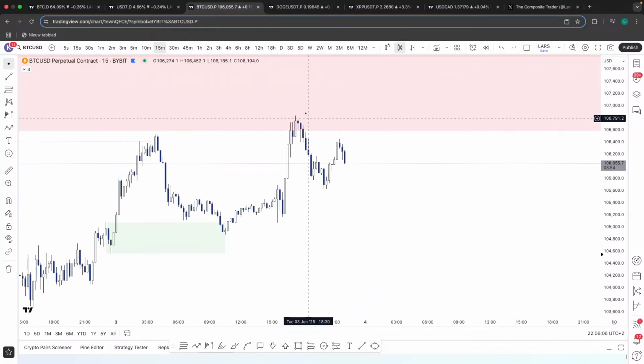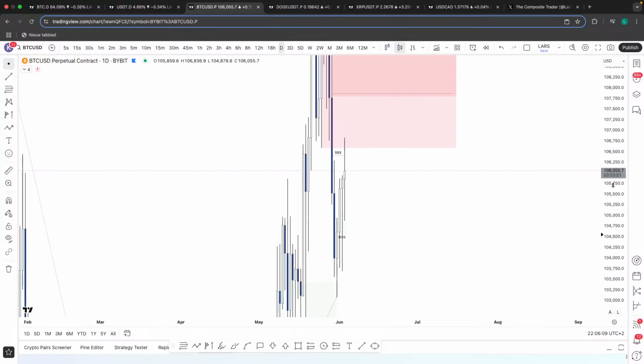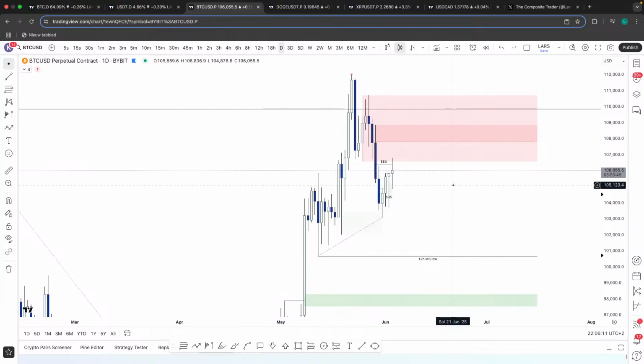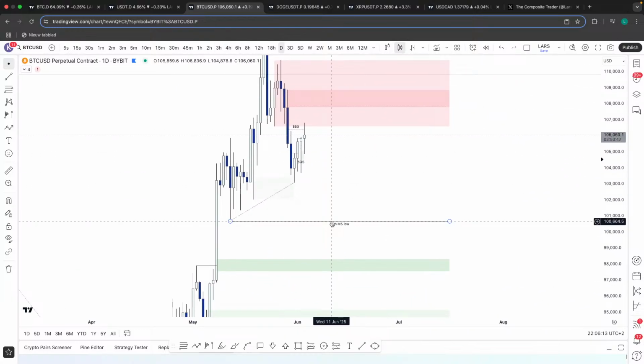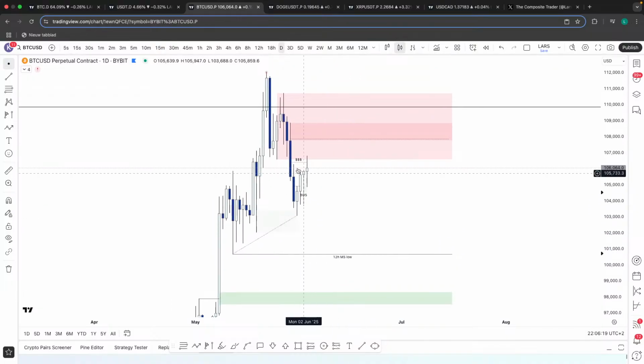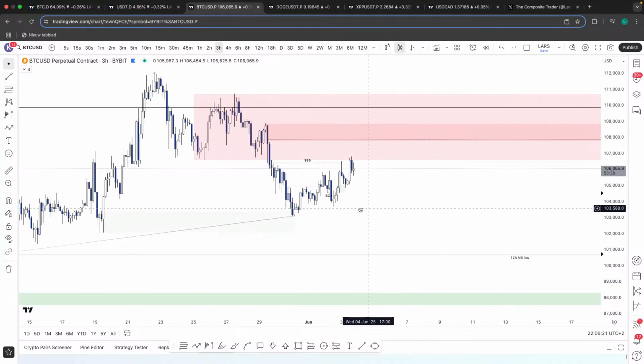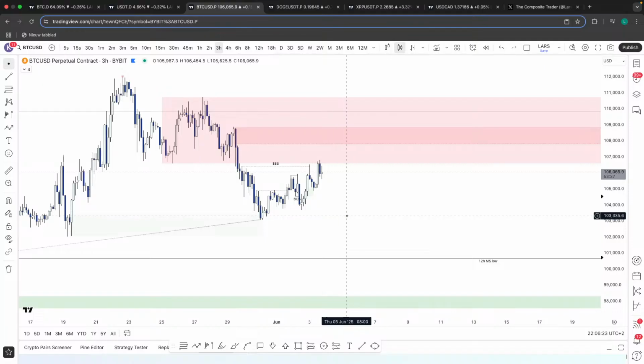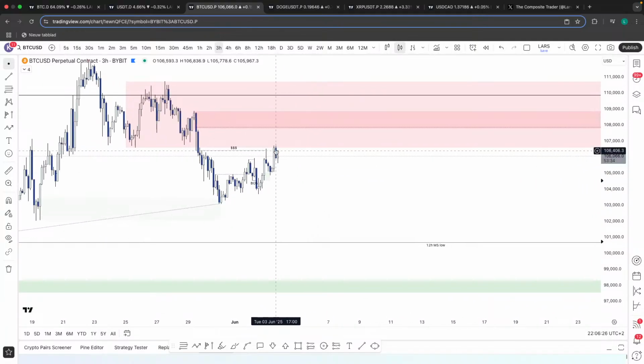And, you know, my bias remains unchanged, where I'm still expecting the liquidity at 100.6K to get taken for all the reasons that we also gave yesterday, right? Now, there's a difference between expectation and confirmation, but I am still expecting that liquidity to get taken.